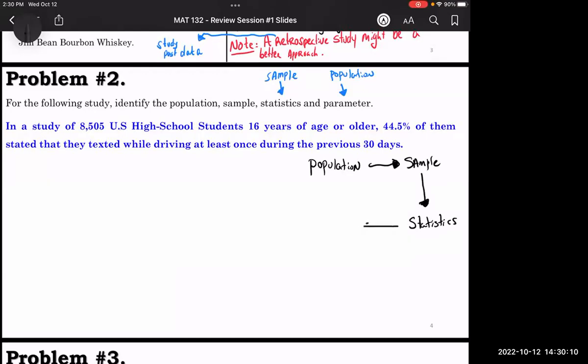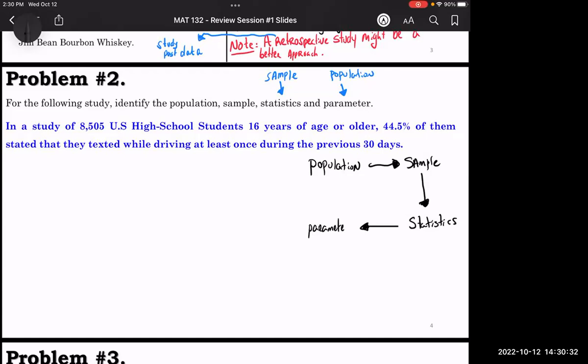From your statistics, which you'll see later on in this course, we're going to use inferential statistics based off of the statistics that we gathered from the sample to get our parameters.